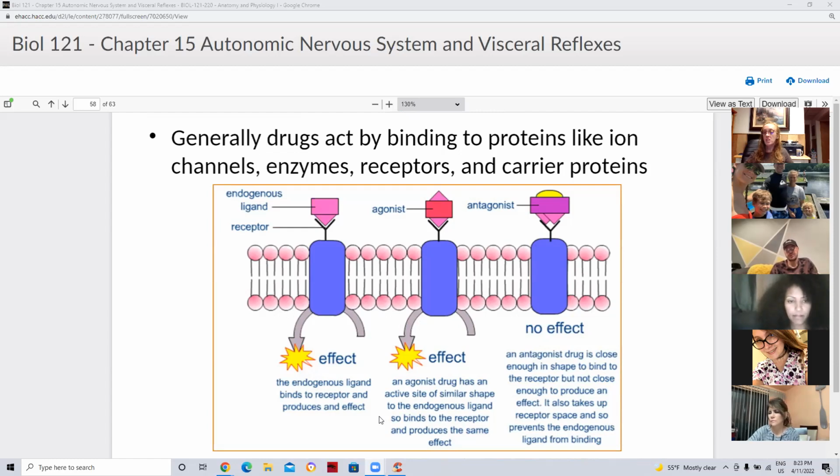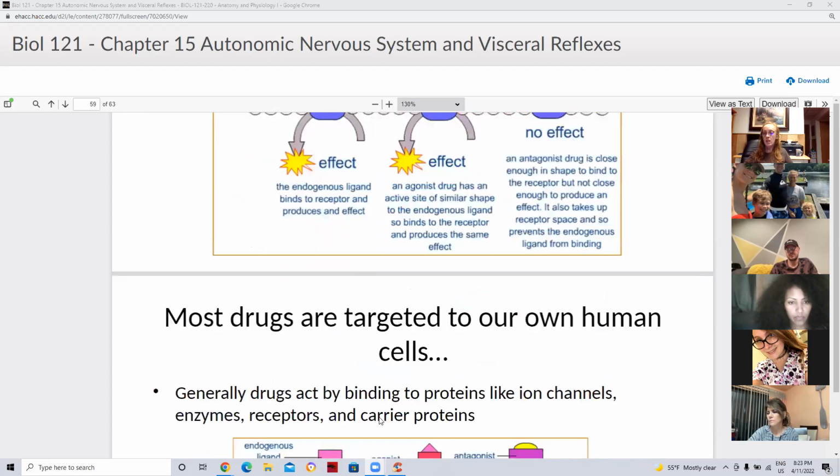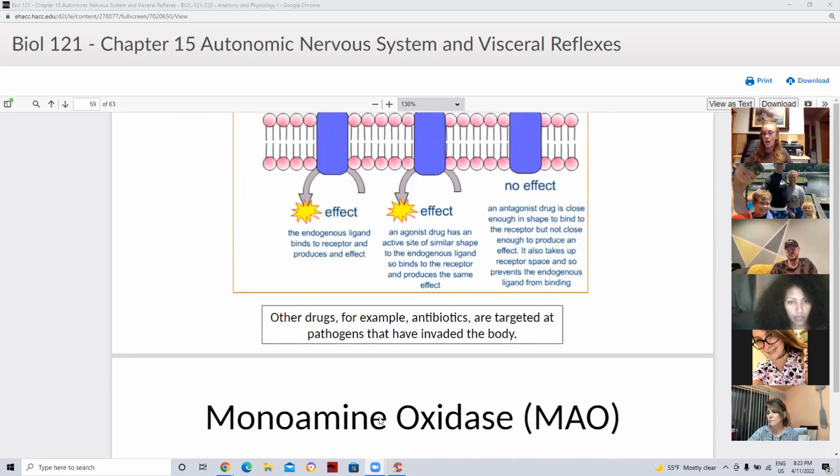Or we have antagonist drugs that are close enough in shape to what the receptor will bind, but will prevent the endogenous ligand from binding and will inhibit the response. Other drugs are targeted at pathogens, working on receptors and enzymes to block them.